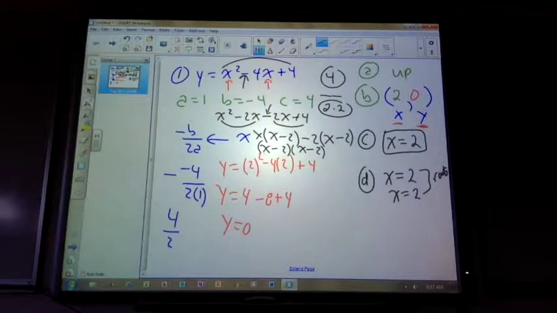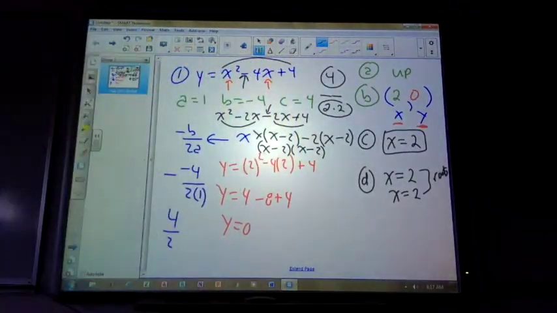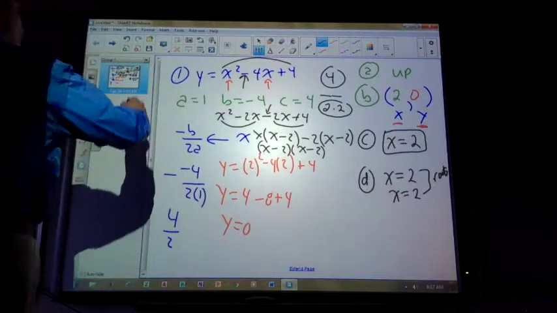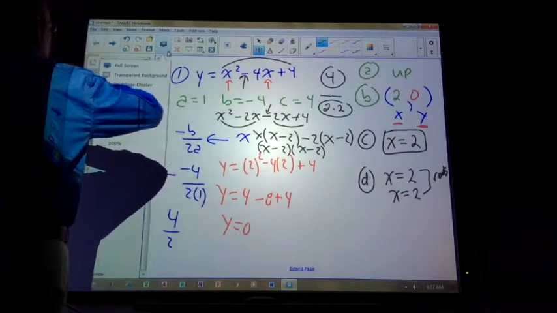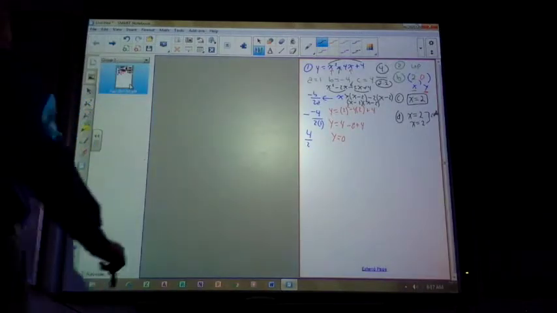Complete the table of values with the vertex. Oh boy. All right, let's see. I think I can, maybe. Full screen, dual page display. Oh yeah.